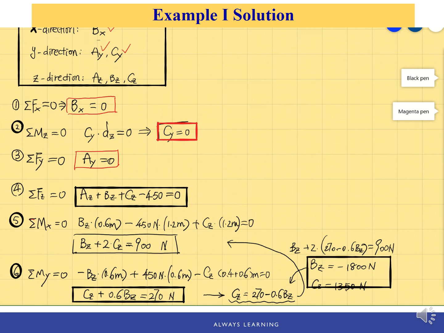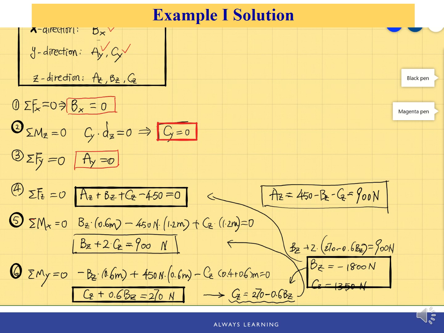Now substitute BZ and CZ into equation 4. We can solve for AZ, and AZ is 450 minus BZ minus CZ, which is 900 Newton.